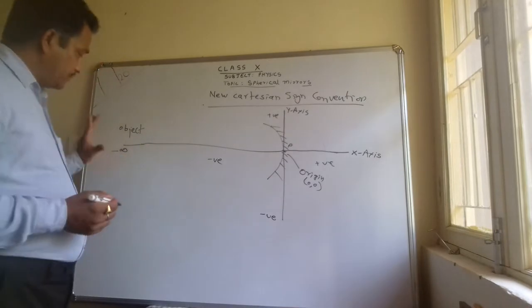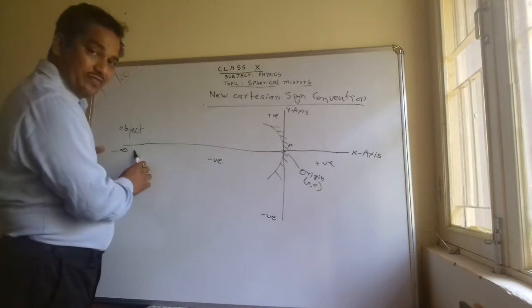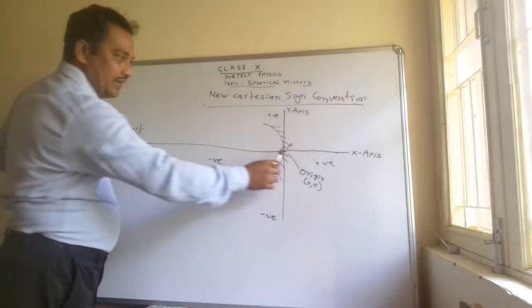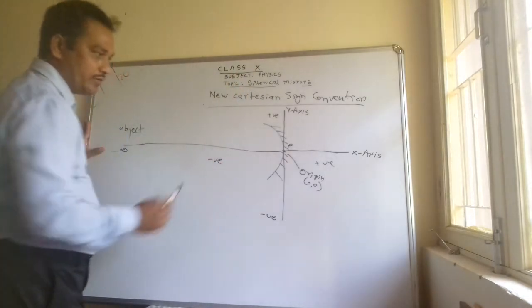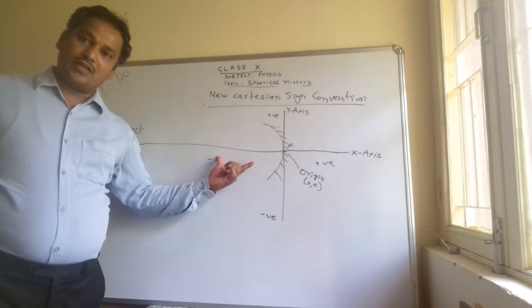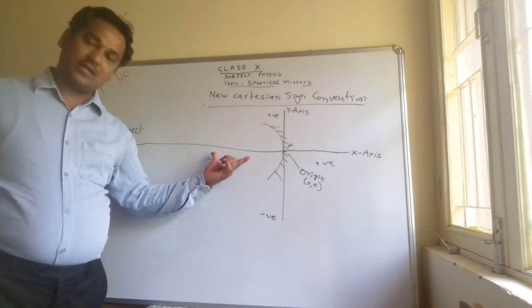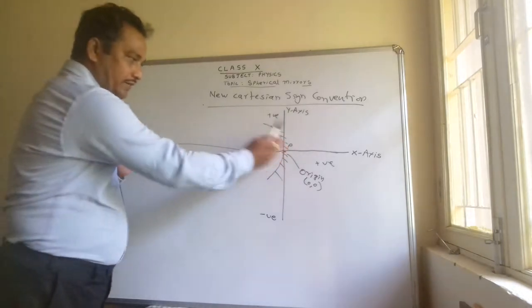So any object will be kept on the left hand side. Now this distance will be treated as negative, right side will be taken as positive, upper will be positive. So can you tell me the radius of curvature, will it be positive or negative in case of the concave mirror? Because the circle is formed on the left hand side.